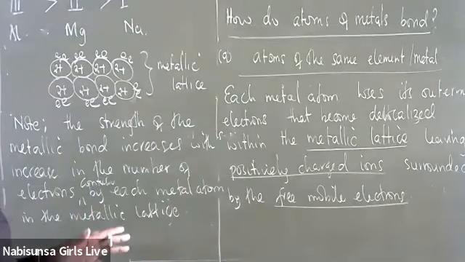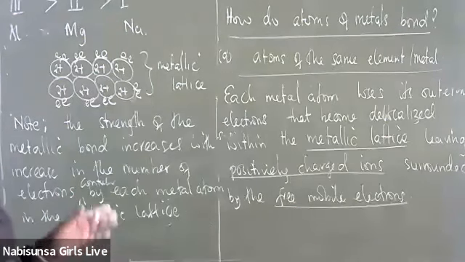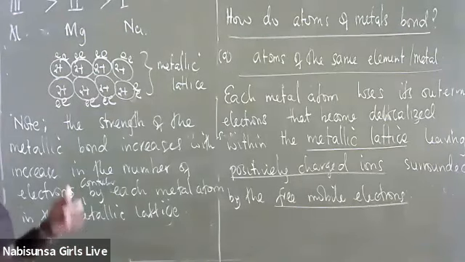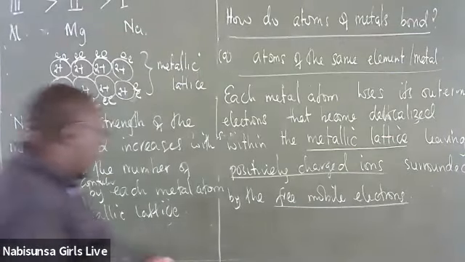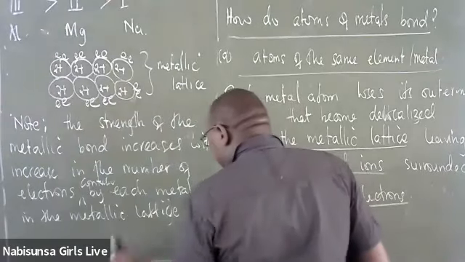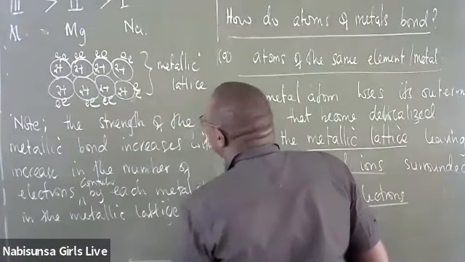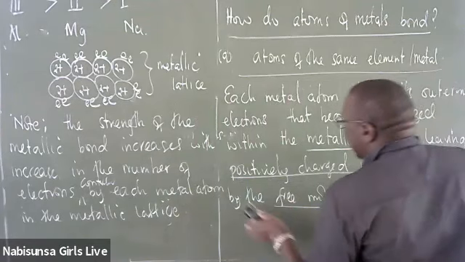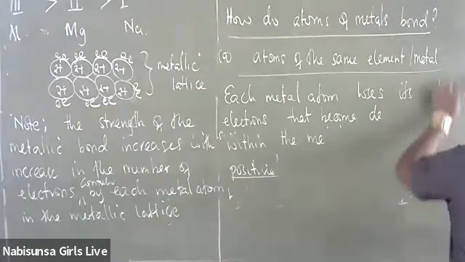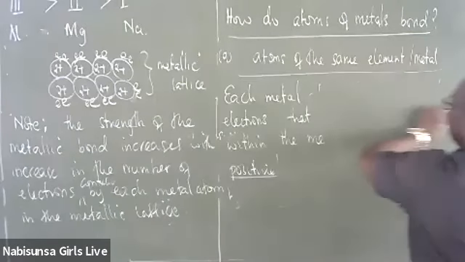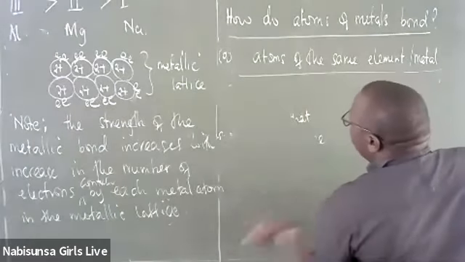So finally, what will be the properties? I don't believe I'll be coming back to talk about metallic bonding again in the same regard. When we talk about alloys, I think it will pass by that. So here, what do you note about this kind of arrangement?